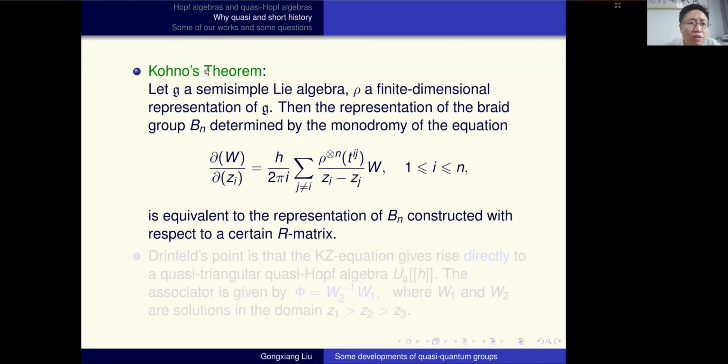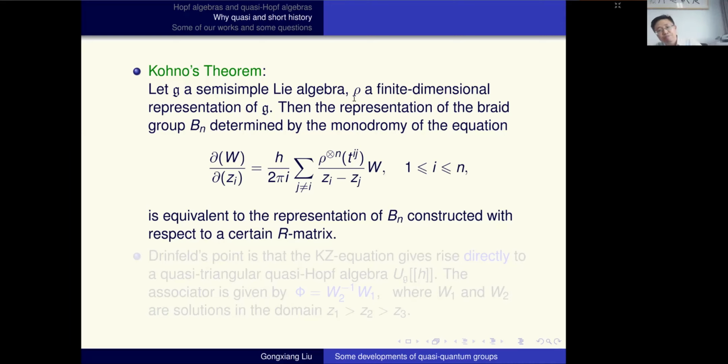So what's the meaning of the Kohno theorem? It says that this monodromy representation of the braid group is equivalent, please remember, equivalent to the representation given by a universal R-matrix. Which universal R-matrix? The R-matrix is constructed from the semisimple Lie algebra, the quantum group part.